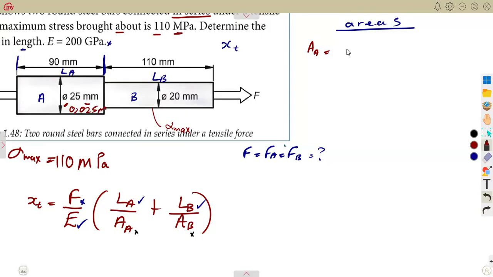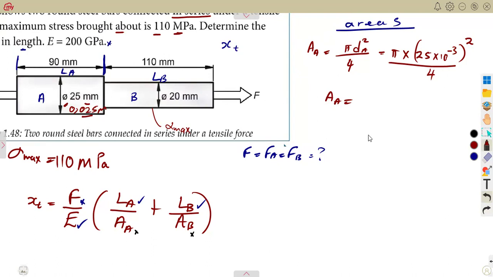So the area at A is pi d squared over 4, where d is the diameter at A. That is pi times 25 times 10 to the power of minus 3 squared, over 4. That gives us area at A, or just area 1.